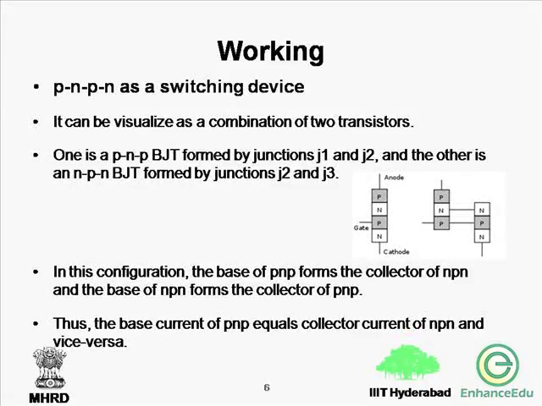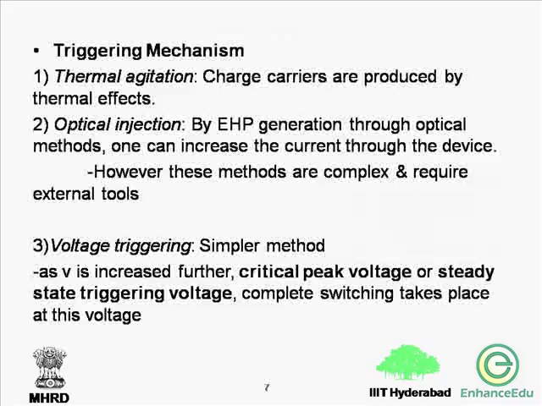Now we move forward to the working of the PNPN as a switching device. It can be visualized as a combination of two transistors. One transistor is the PNP BJT formed by the junctions J1 and J2, and the other transistor is the NPN BJT formed from the junctions J2 and J3. The equivalent figure of such a visualization is shown.